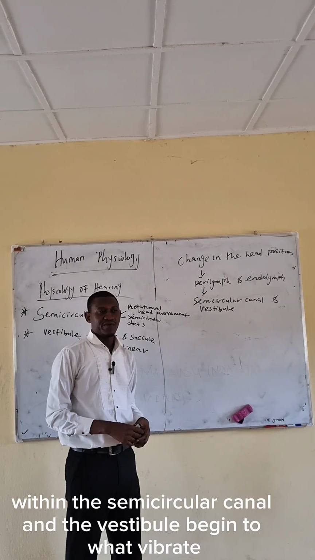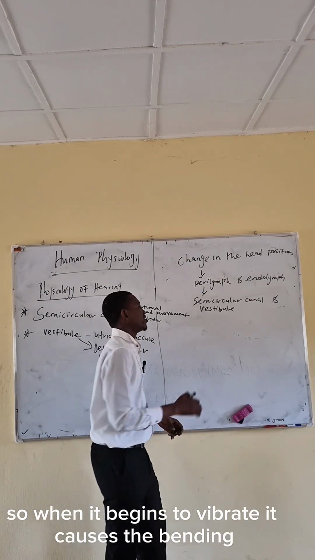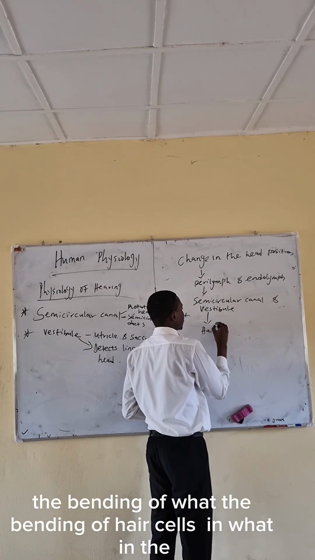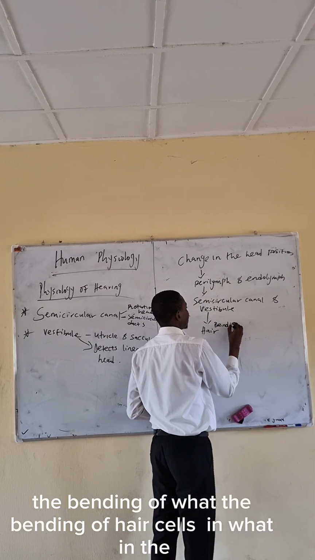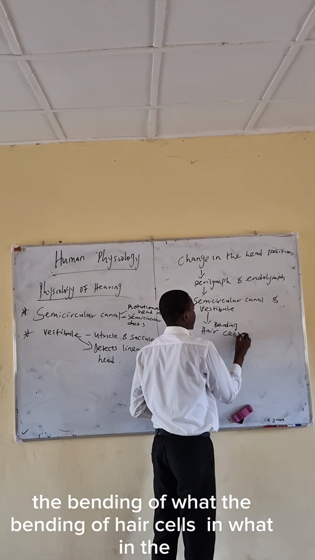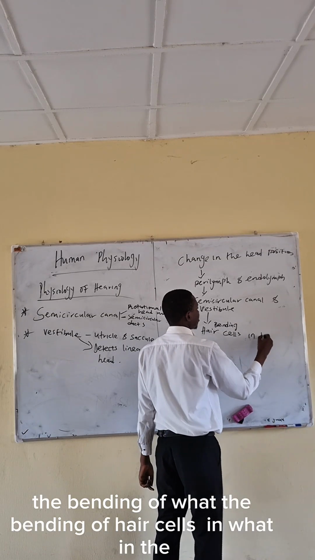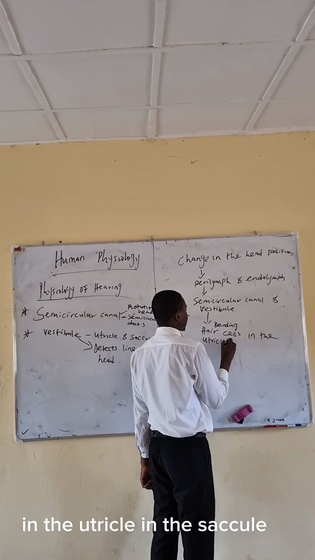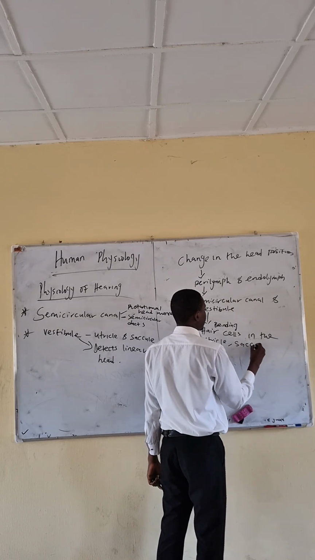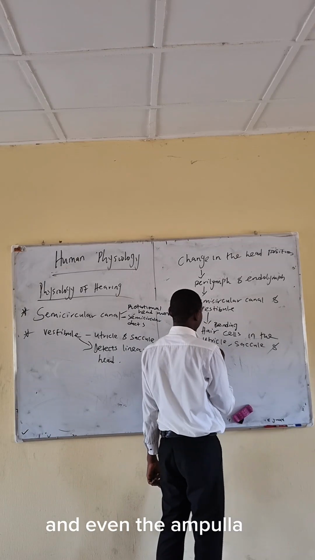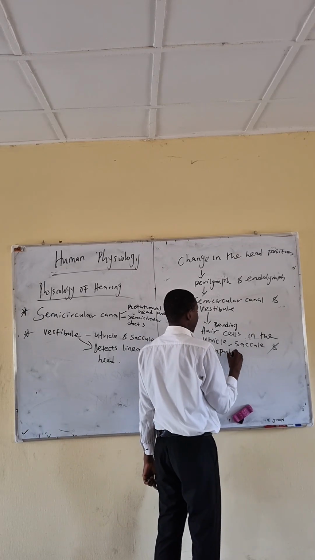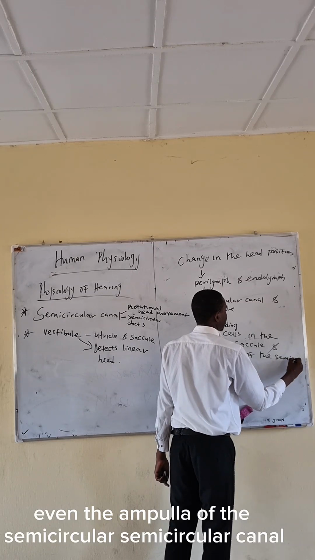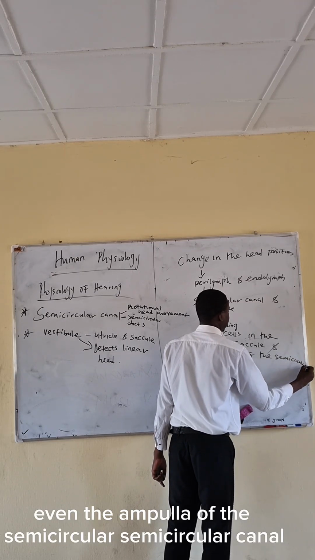begin to what? Vibrate. So when it begins to vibrate, it causes the bending of what? The bending of hair cells. Hair cells in what? In the utricle, in the saccule, and even the ampulla of the semicircular canal.